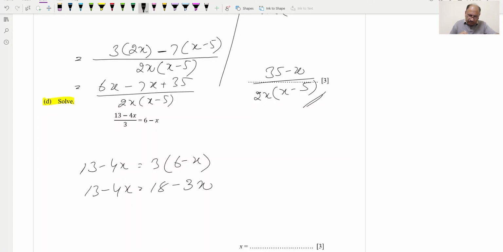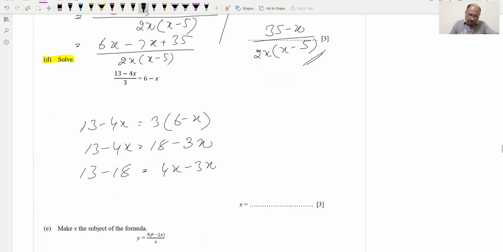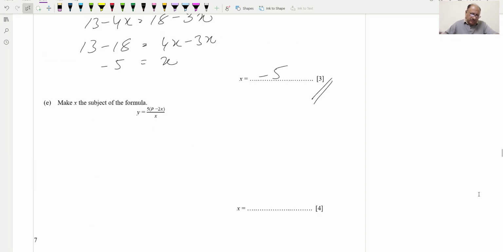Further we can send this minus 4x to the other side and 18 to this side, so 13 minus 18 is equal to 4x minus 3x, and we can simplify this. This will be minus 5 and this side will be x, so x is equal to minus 5, and this will be our final answer. This one.